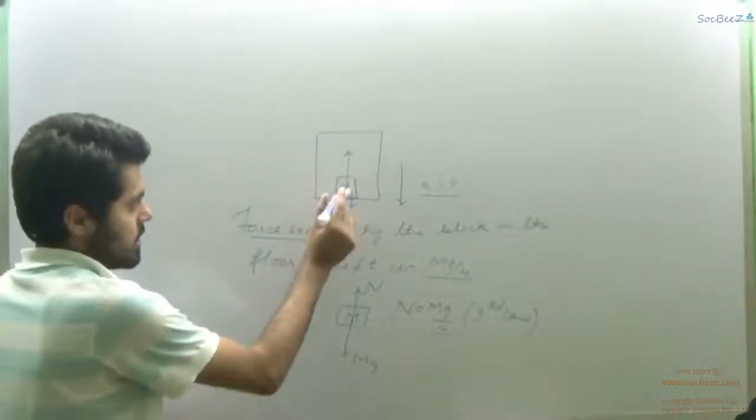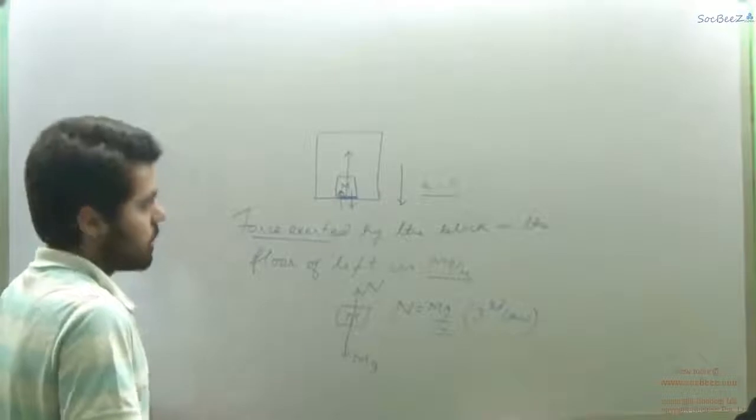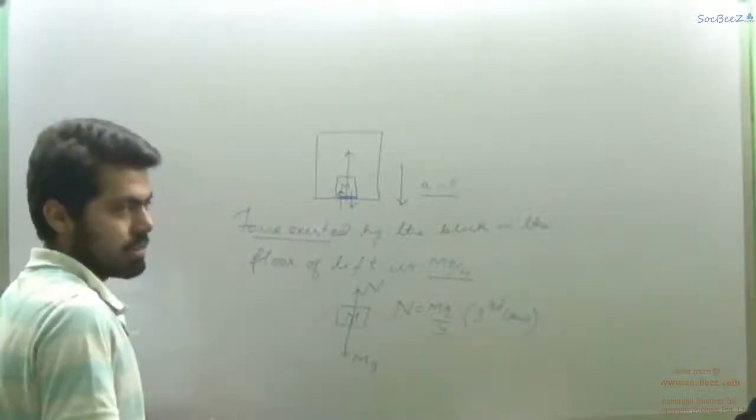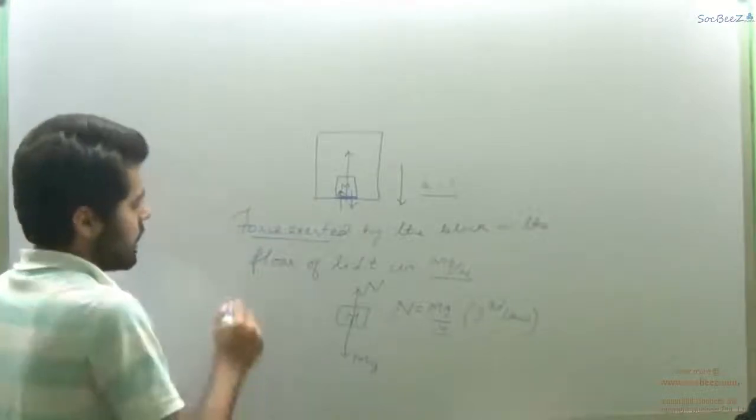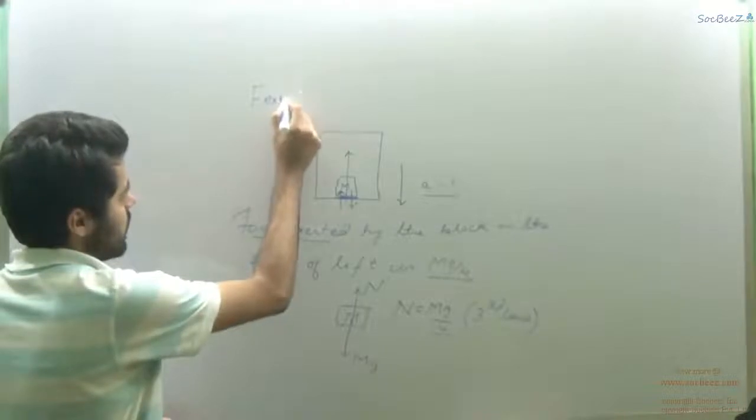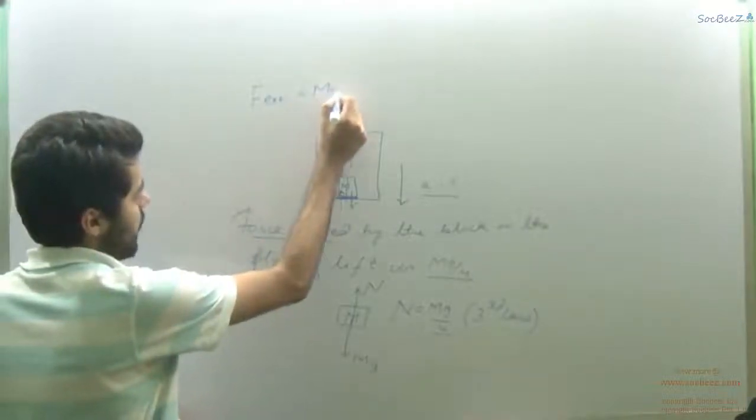So as this is in contact with the floor of the lift, whatever the acceleration of the lift is, same should be the acceleration of the block. It means applying F external equals ma.